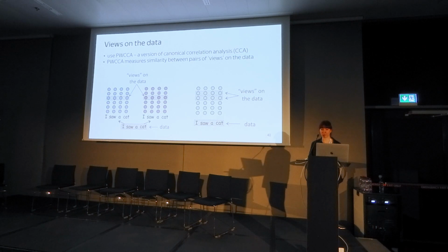And here we use it to evaluate distance between different views on the data. These views can be, for example, the same layer in different networks. In this way, we evaluate how different models are. Alternatively, views can be different layers within the same network. And this way, we can evaluate how much change is happening in a given layer.